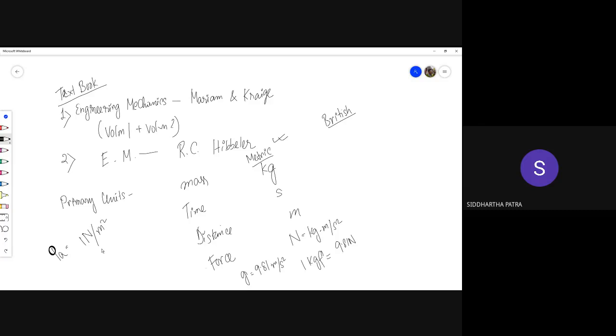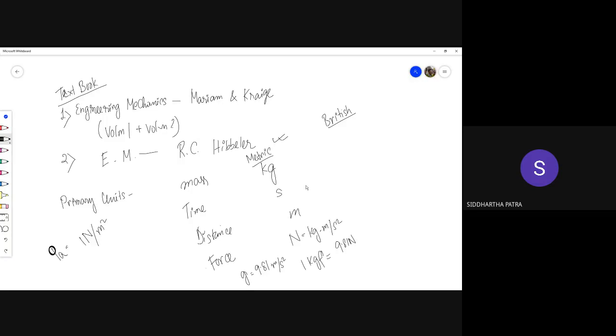So the point of this discussion is that it's not good enough to know the conversion of certain units to other units. You need to have a feel of how much any quantity is. So a lot of times you will be encountering problems with several kilonewtons, because Newton is such a small load.